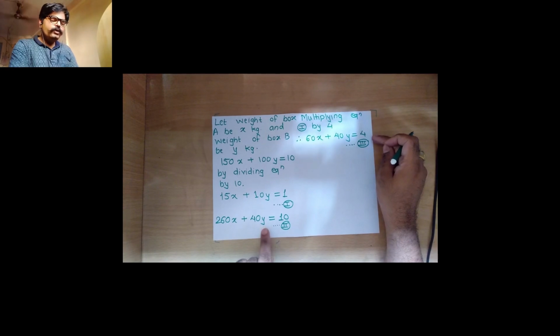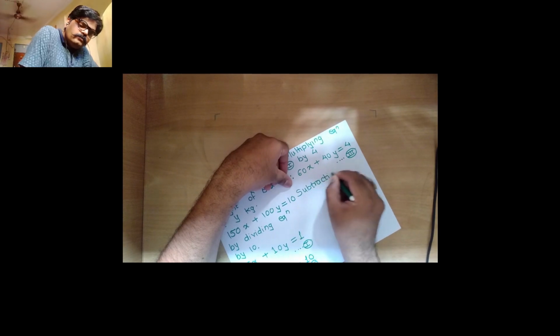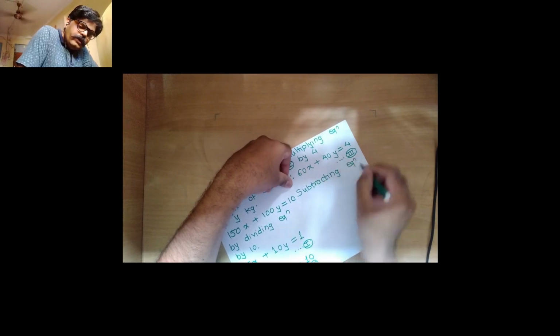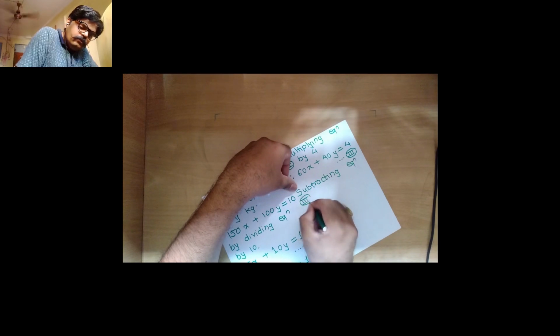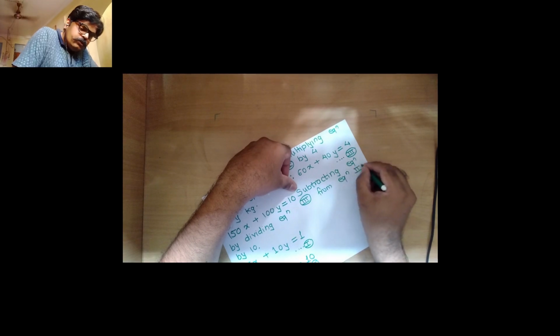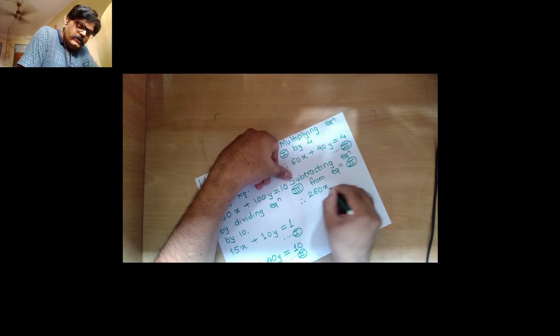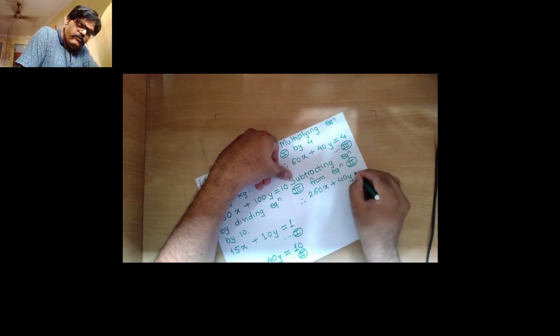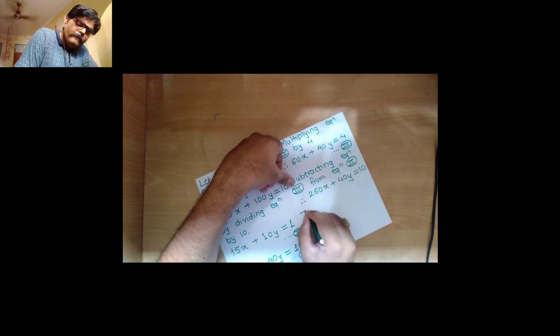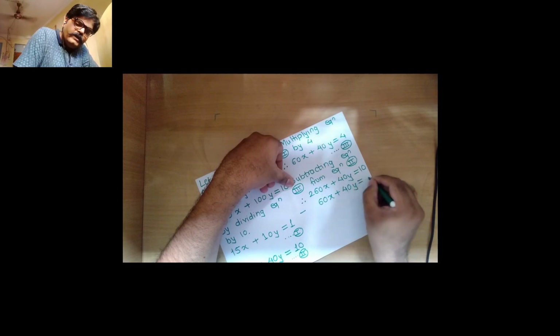So what exactly are we going to do now? We are going to subtract equation number 3 from equation number 2. Therefore, subtracting equation 3 from equation 2, how exactly will the subtraction look? 260x plus 40y is equal to 10, minus 60x plus 40y is equal to 4.